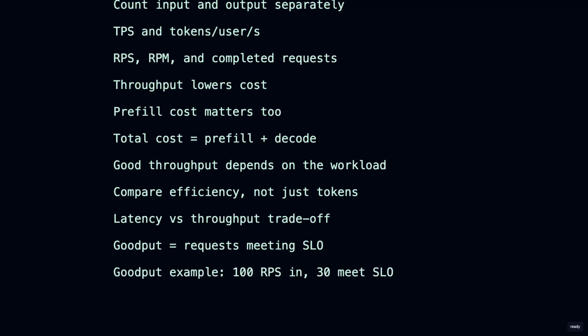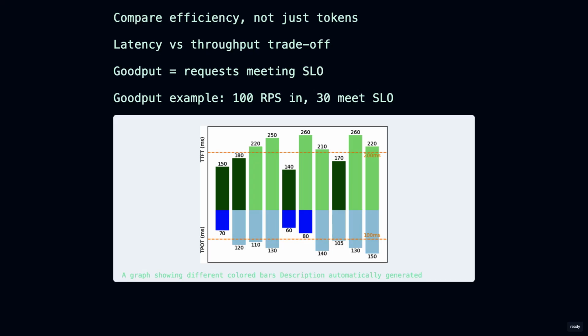In this example, the service completes 100 requests per minute, but only 30 meet the target latency limits. So the real useful capacity is 30 good requests per minute, not 100. The figure visualizes the idea that not every completed request counts equally.